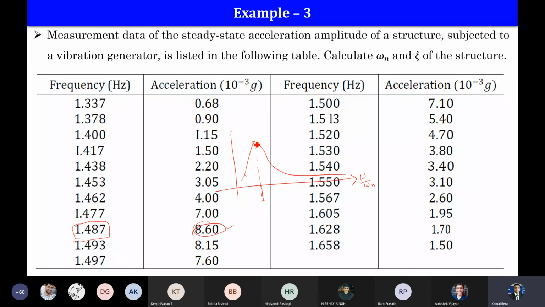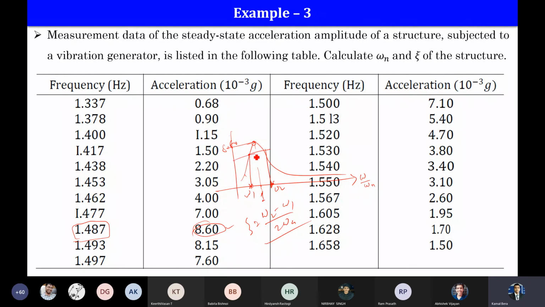Then come down to 8.60 by root 2, and you get two points, here and here. If these two points are omega 2 and omega 1, then zeta is equal to omega 2 minus omega 1 over 2 omega n.